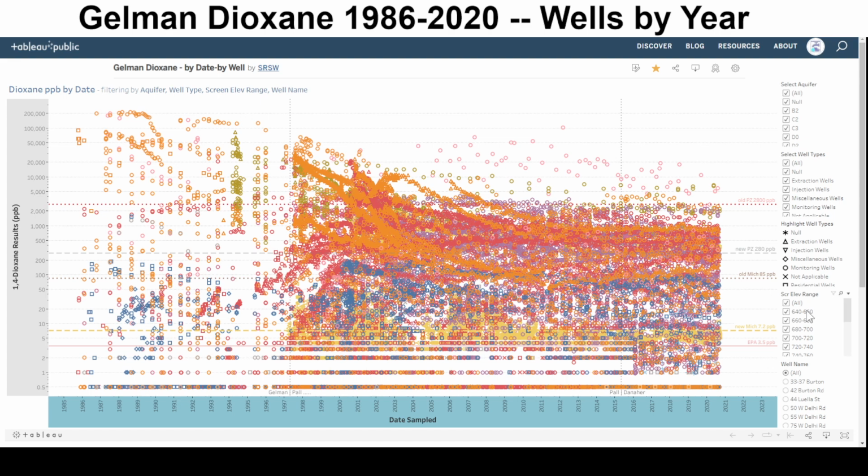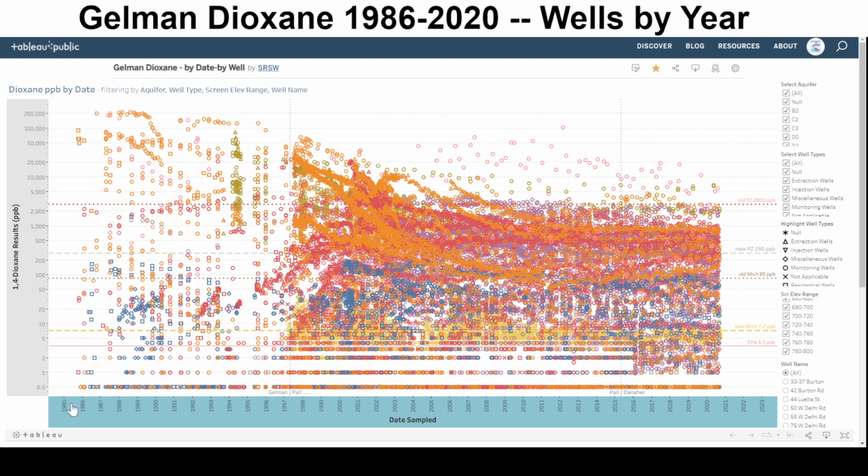Even have screen elevation ranges, so this is how deep the screened area is, what's the elevation above sea level. And we even can select by individual wells if we want to.